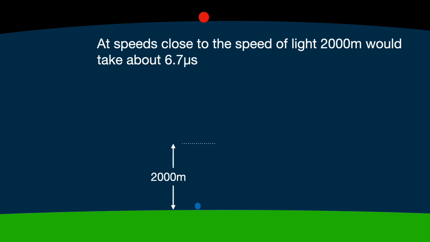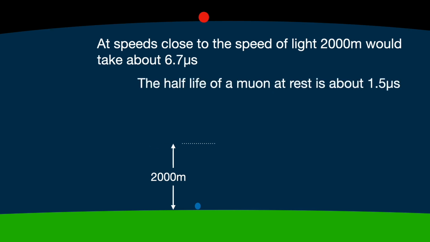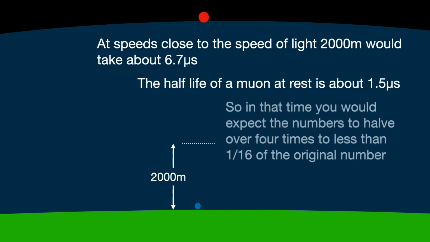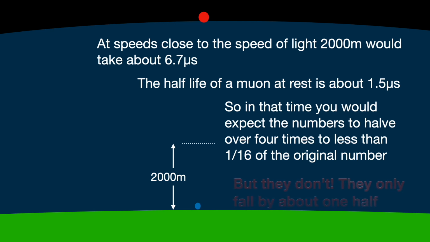When at rest relative to the observer, the half-life of a muon is about 1.5 microseconds. So that distance of 6.7 microseconds represents over 4 half-lives, which would reduce the numbers to less than a 16th of the original. But that doesn't happen. In fact, the numbers only fall by about 1/2.